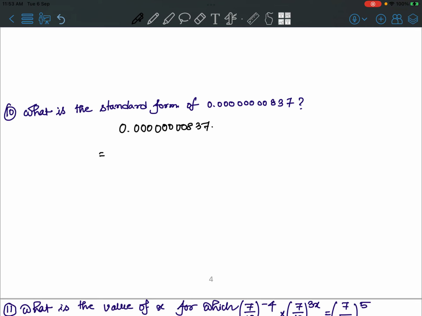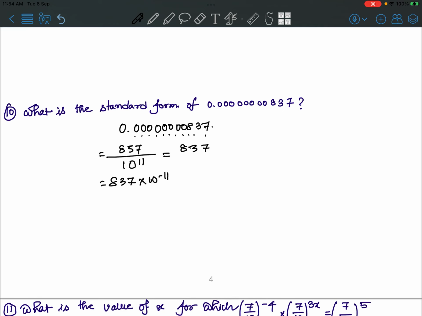That means how many places are there after the point: 1 2 3 4 1 2 3 4 5 6 7 8 9 10 11. So we can write 837 divided by 10 to the power 11. That means we can write it as 837 into 10 to the power minus 11.